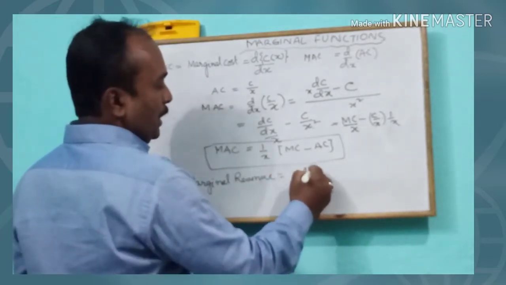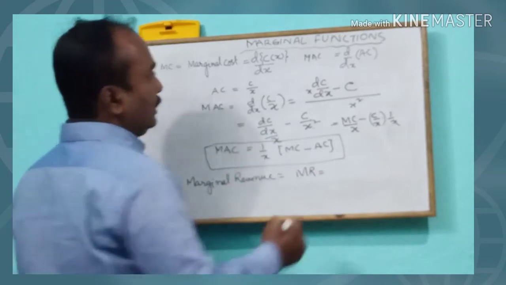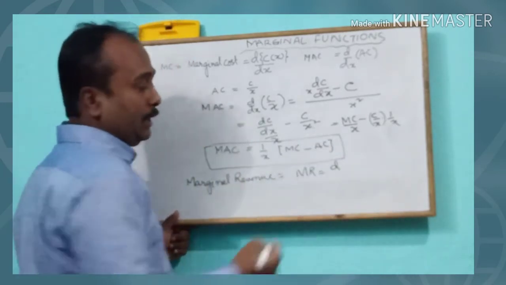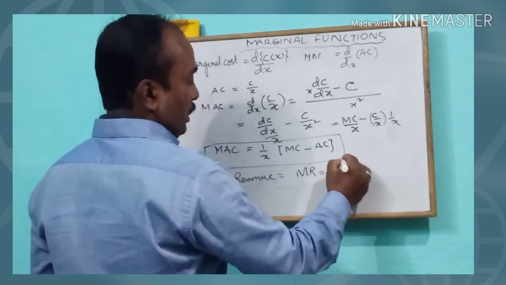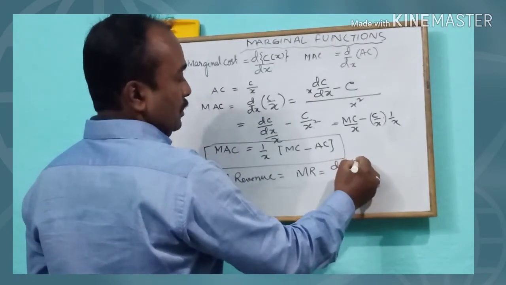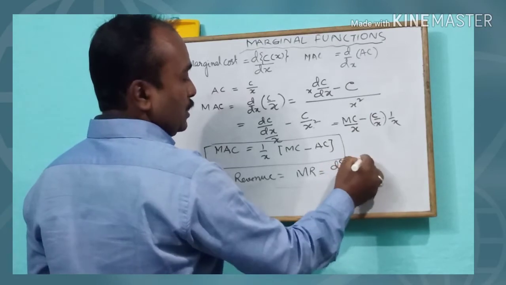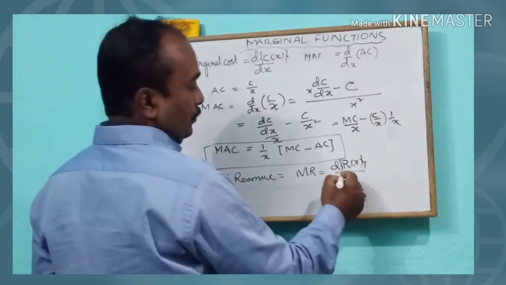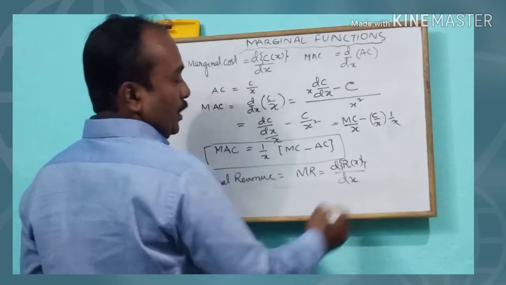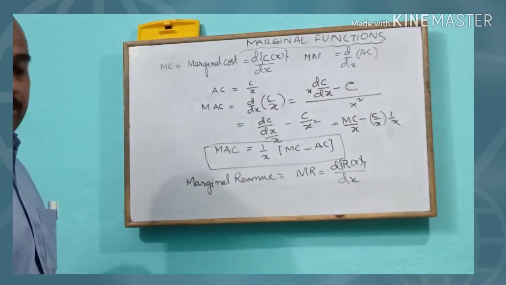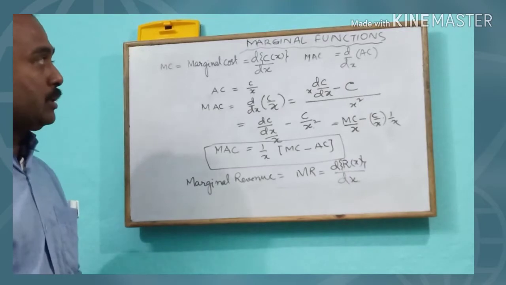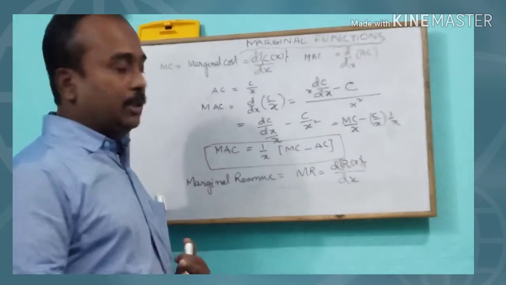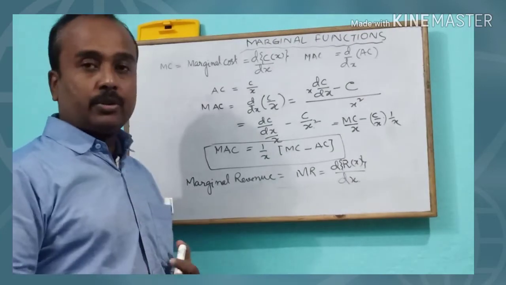Marginal revenue denoted by MR, that is the change in the revenue or the increase in the revenue, Rx, revenue function, with respect to 1 unit more sale. This is known as marginal revenue. Now let us see few problems related to average cost, marginal cost and revenue cost.